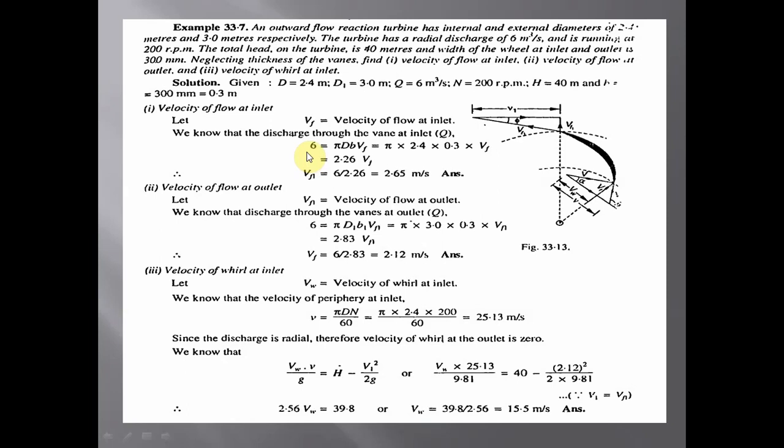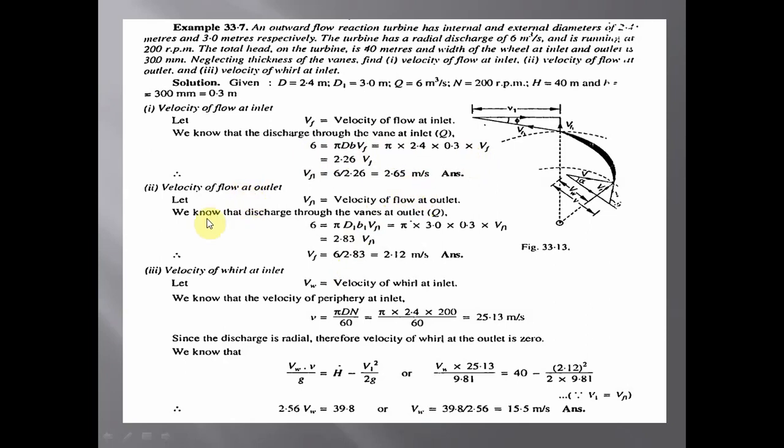We also know discharge through the vane at the inlet Q equal to 6 is pi into D into B into Vf, that is pi into 2.4 into 0.3 into Vf, that is 2.65 meters per second.